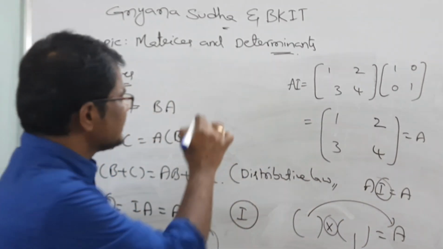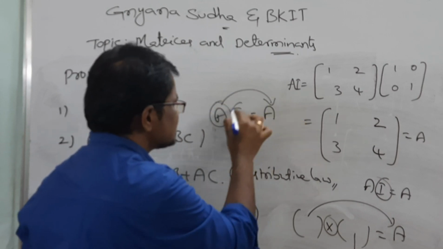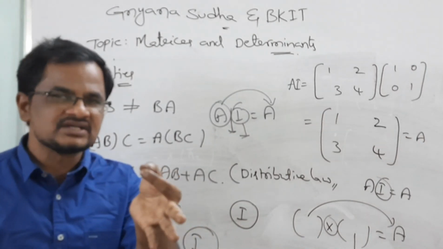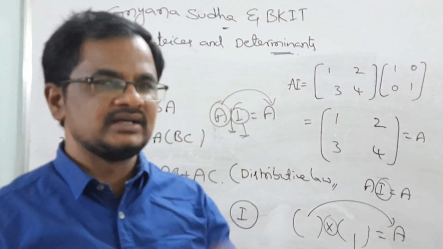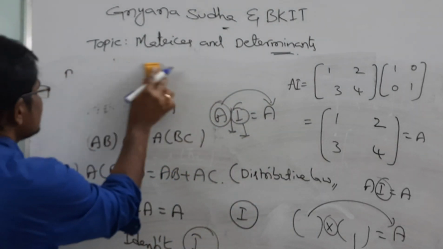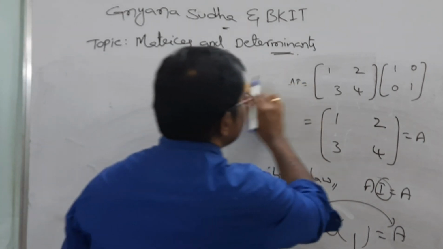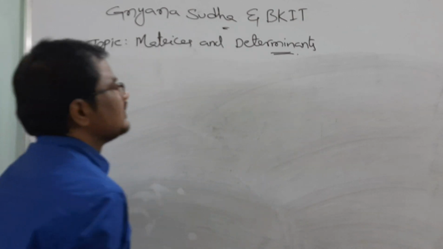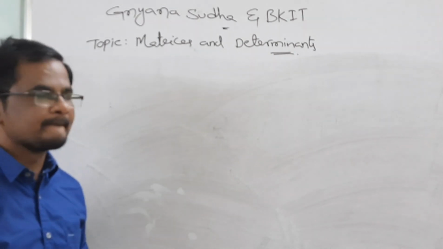Here also A into I equals A, so under the multiplication operation between these two, that is why I is the multiplicative identity, right? So these are the properties of multiplication of matrices.